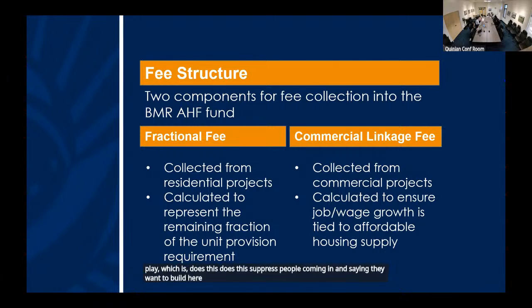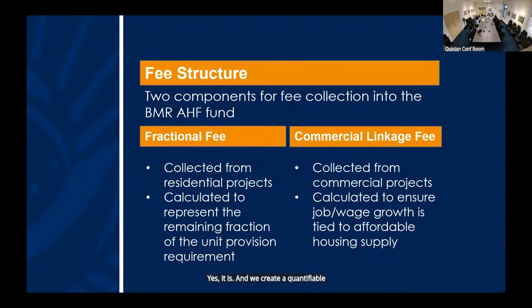So for context, that's from the housing element. We created quantifiable objectives for each of our strategies as a way to set a baseline for what we would consider successful implementation of any of these strategies.